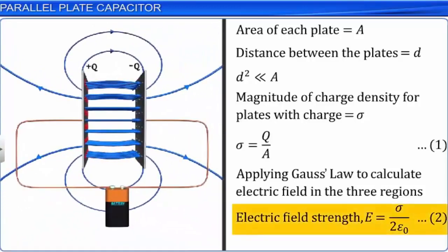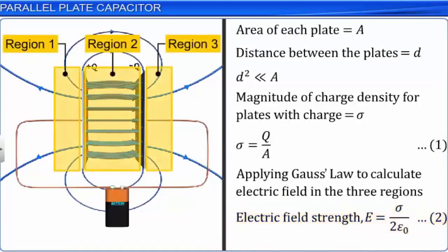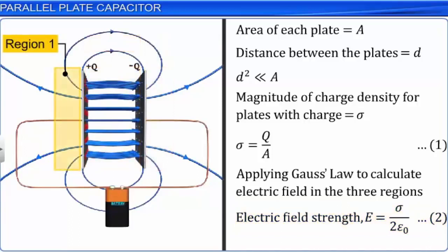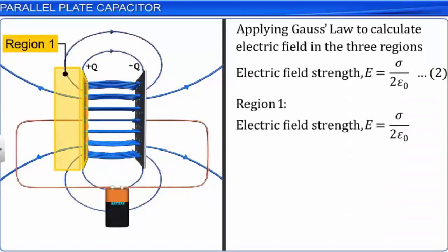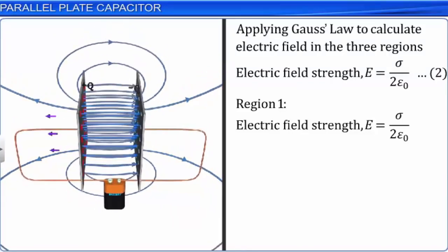We use this result to calculate the net electric field strength in regions 1, 2 and 3. In region 1, due to the positive plate of the capacitor, the electric field strength E is equal to sigma by 2 epsilon naught, directed away from the positive plate and towards the left.